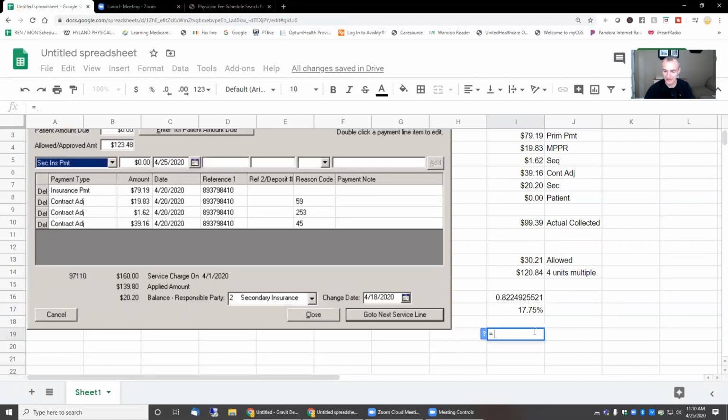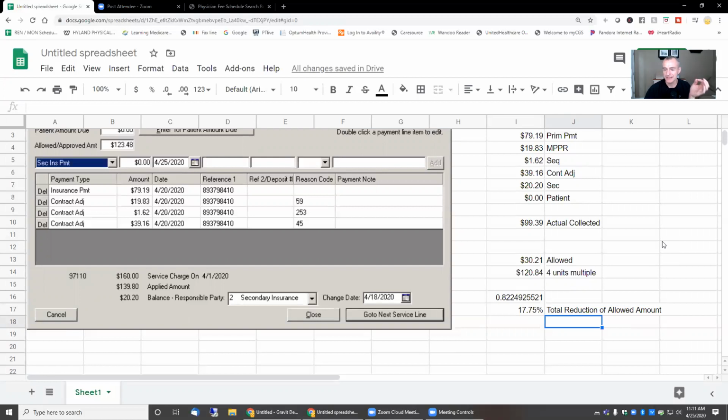And just to do the reverse math, if I take that times that, I'm looking at 21. Yeah. Okay. So I've got it right. So this is total reduction of allowed amount.